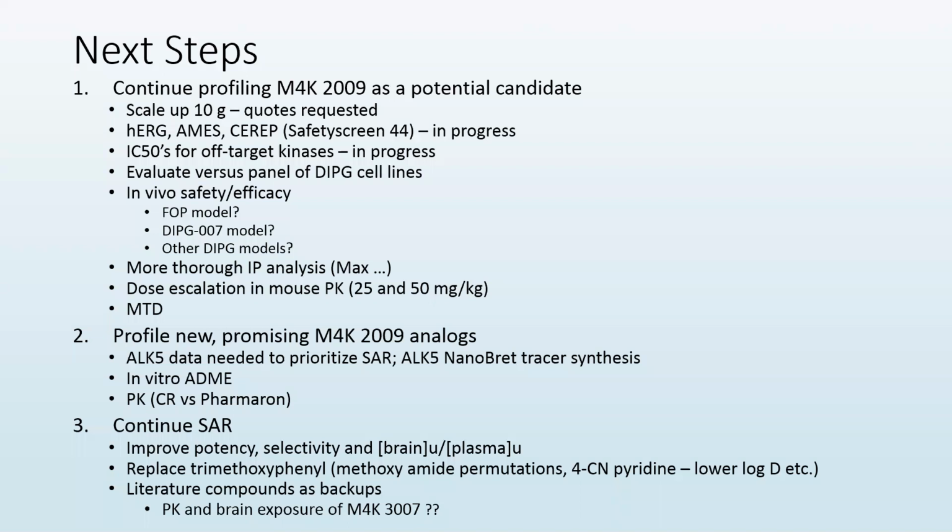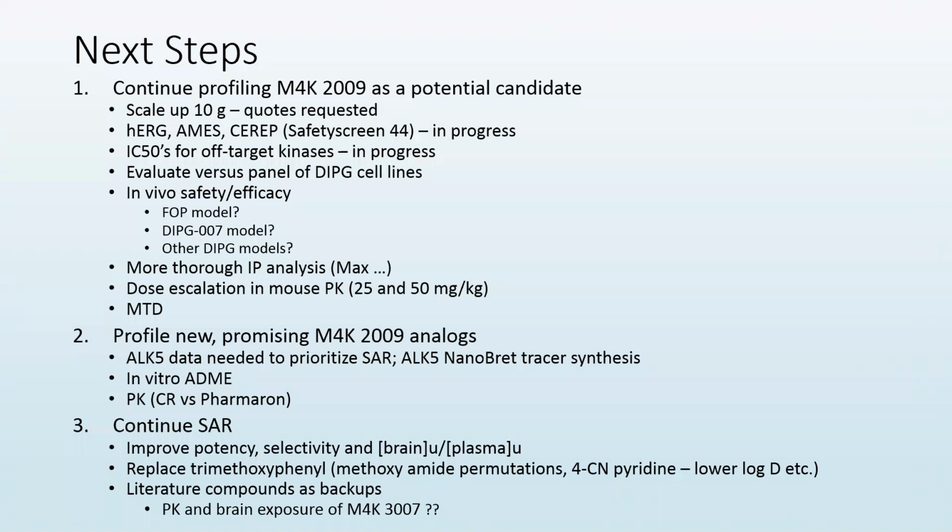I think the in vivo portion, especially with respect to efficacy, is still something that we need to finalize as a team. I very briefly mentioned at the last meeting that it might be interesting to look at our compounds in an FOP model. I think some of those models are more validated than the currently available DIPG models.